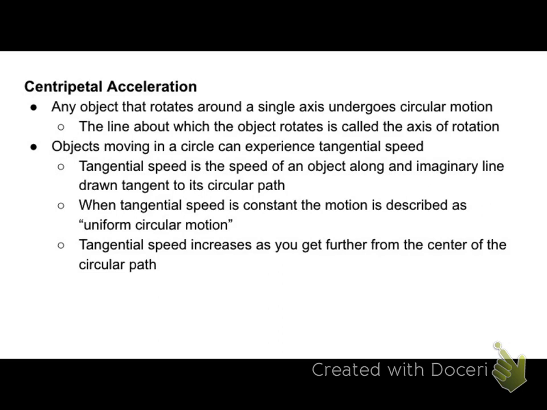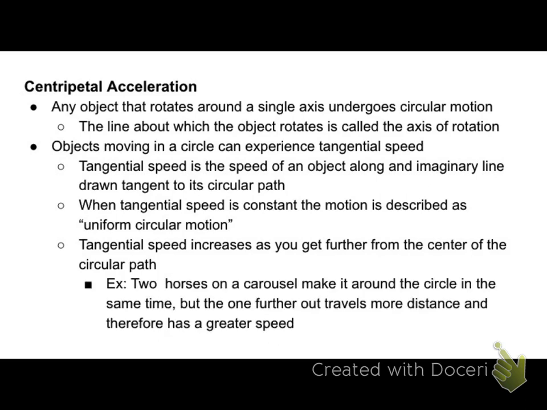The way the book described this, and I thought this was a really great way of explaining it, is imagine two horses on a carousel. They're stuck side by side, which means they travel the full distance of the circle in the same amount of time. However, the one that is further from the center, the radius is bigger, therefore the circumference is bigger, therefore that horse is traveling further in the same amount of time, and thus its speed must be faster.